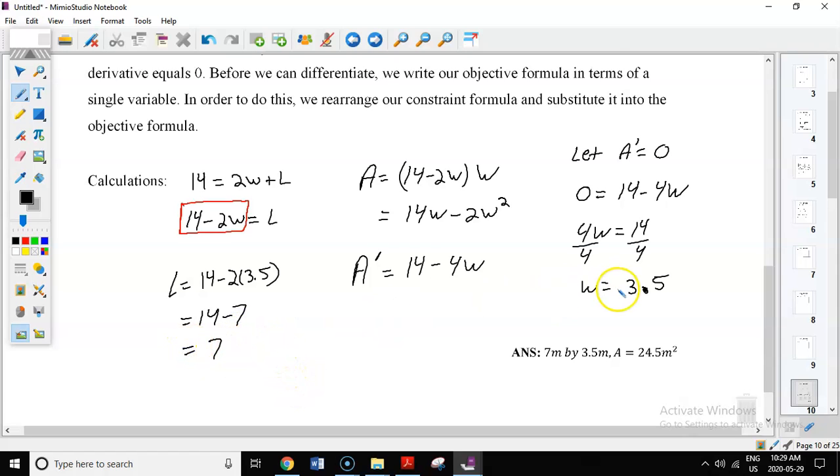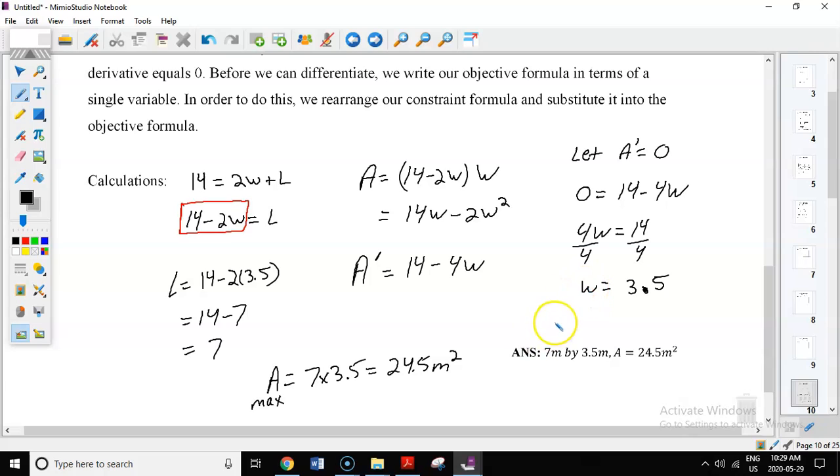So based on these two answers, the max area will equal 7 times 3.5, which is 24.5 meters squared.